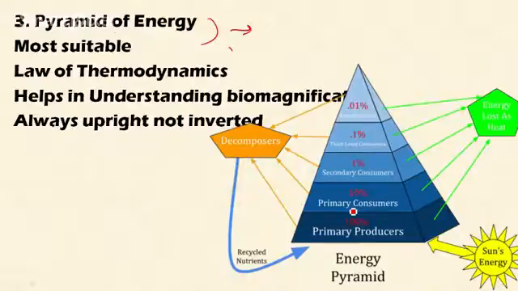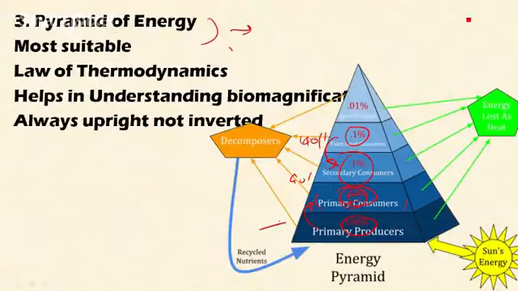For example, primary producers produce 100% of energy, and the primary consumers, while getting food, gain only 10% of energy, and the remaining energy is lost in the form of heat. Likewise, 10% is gained here and 90% is lost, and 10% is gained from this level, and another 90% is lost in the form of heat and metabolic activity.